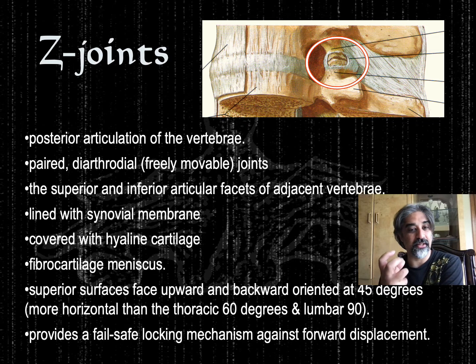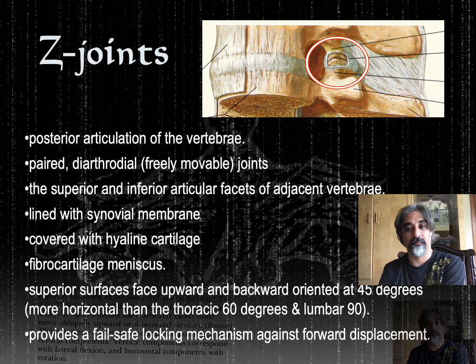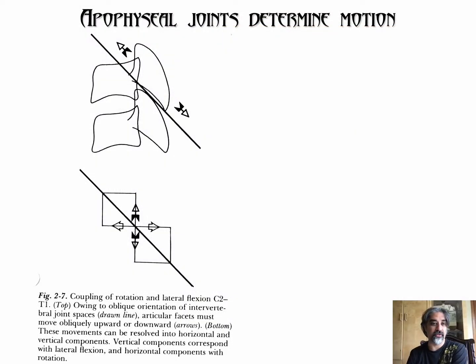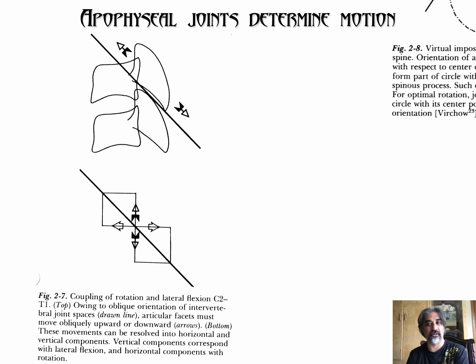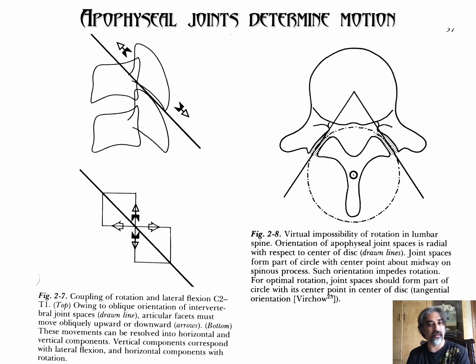But the main point is that it's providing a fail-safe locking mechanism against motion forward and backward. So this shows you how the oblique orientation of the Z joints try to affect rotation and lateral flexion. So this here is the lumbar spine, which is the opposite.